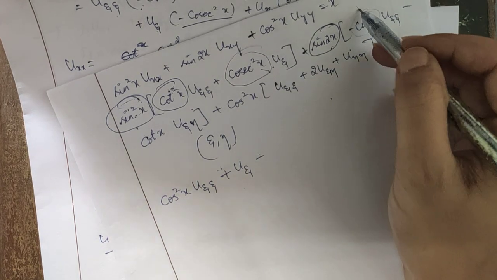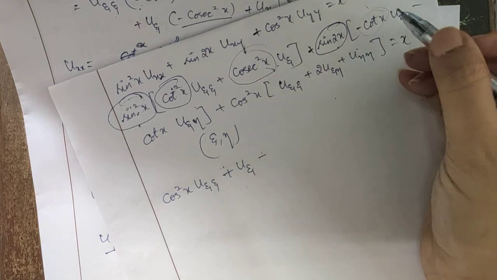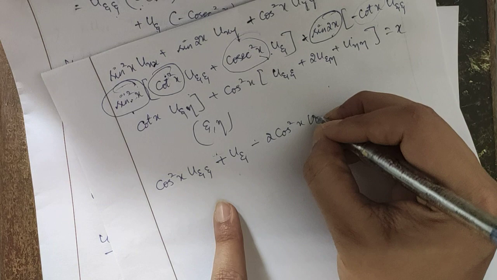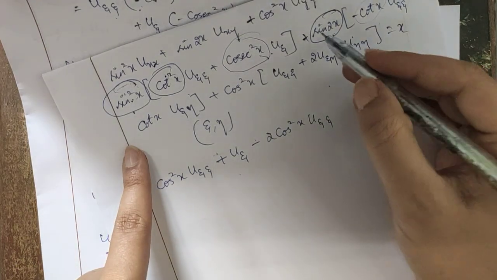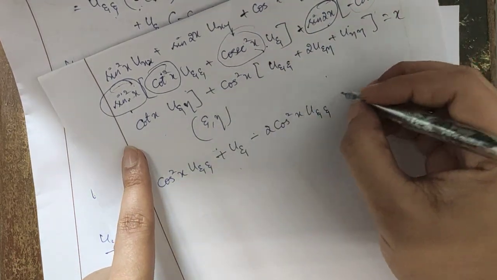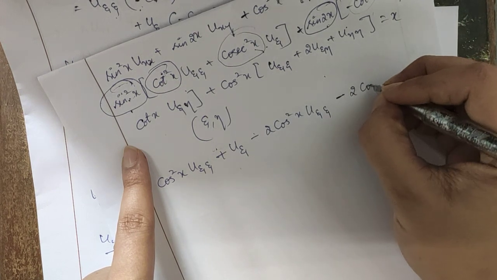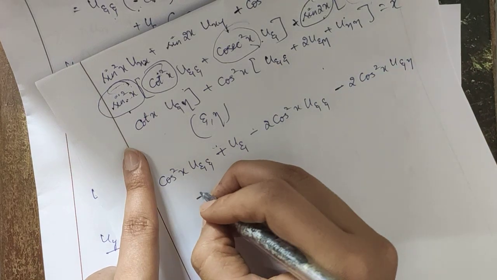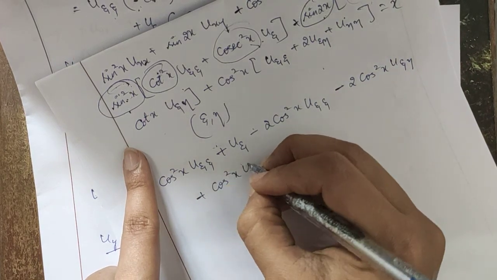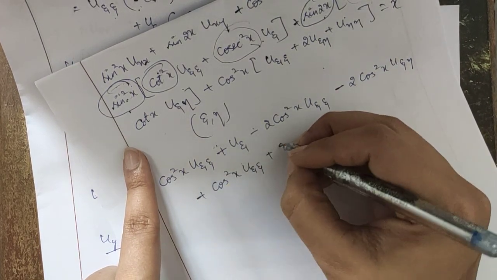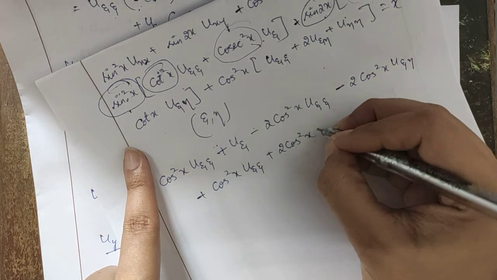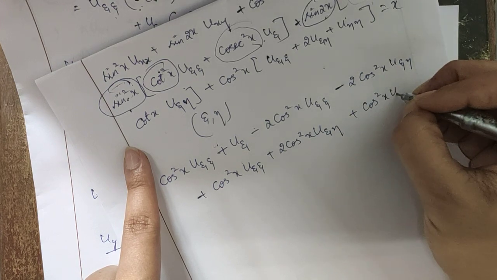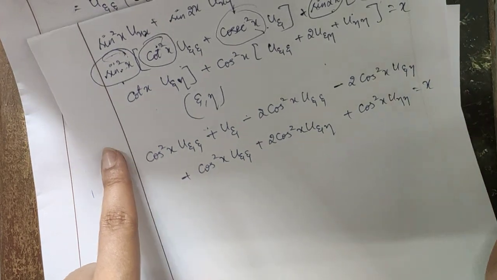This is nothing but cos by sin. Sin gets cancelled. You will get minus 2 cos square x u xi xi. Similarly here you will get minus 2 cos square x u xi eta, plus cos square x u xi xi plus 2 cos square x u xi eta plus cos square x u eta eta is equal to x.